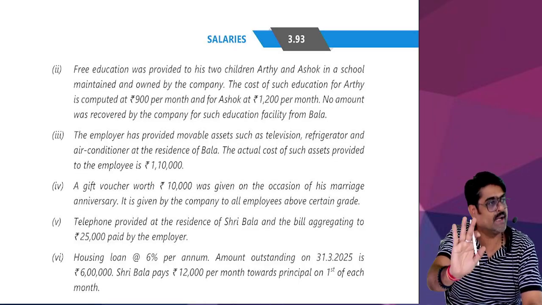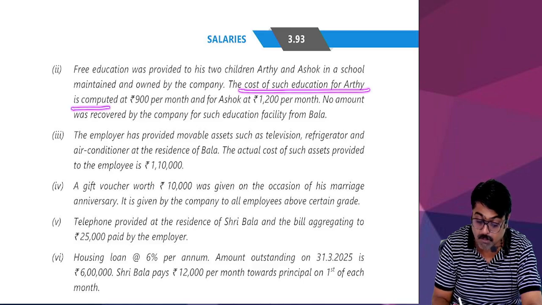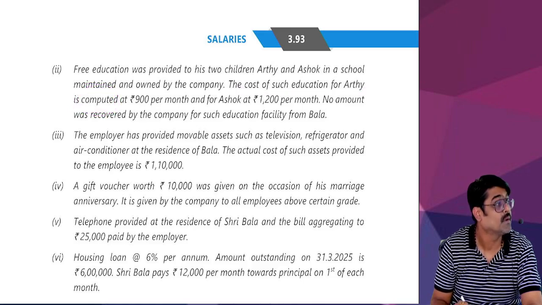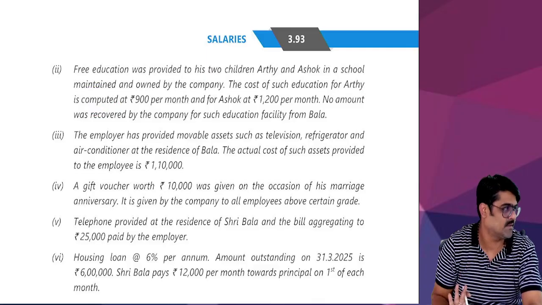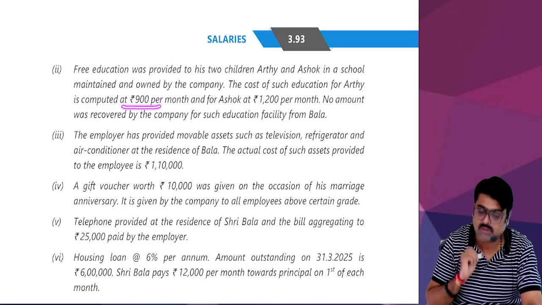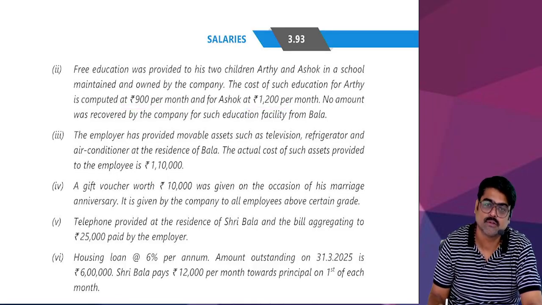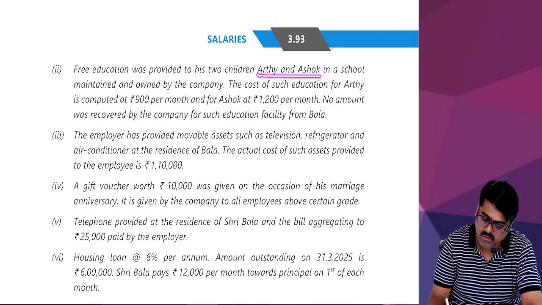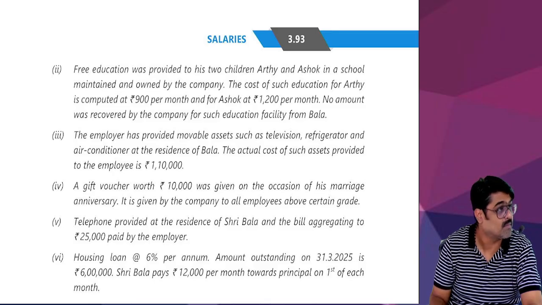So they have already told you that cost of such education for Aarti is computed, meaning reasonable cost of education they have given. For Aarti, reasonable cost of education is 900. And for Ashok, it is 1,200. Aarti and Ashok are children of Bala.